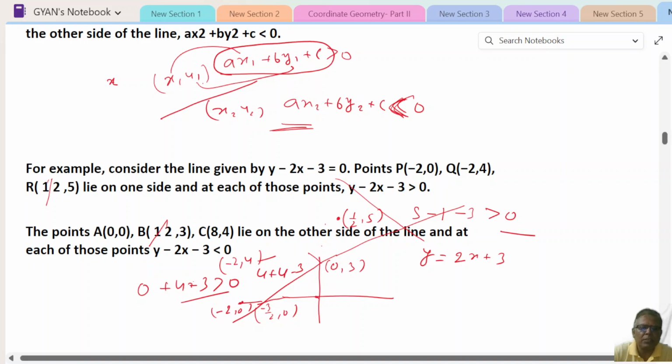Similarly, put (0, 0): this gives minus 3, which is less than 0.